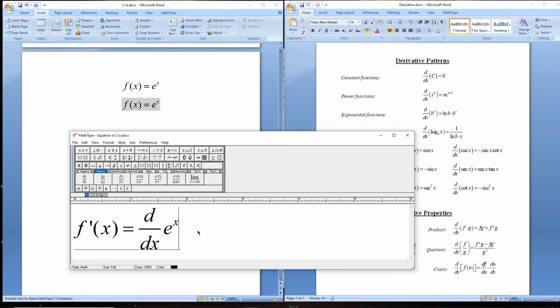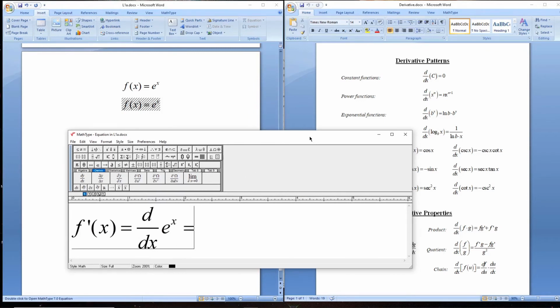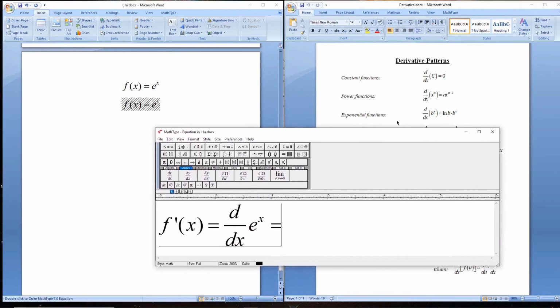And let's look at what our pattern says. So exponential functions, the derivative of a number raised to the x is log of that number, natural log of that number, times the exponent. Again, the derivative of an exponent will always contain itself.